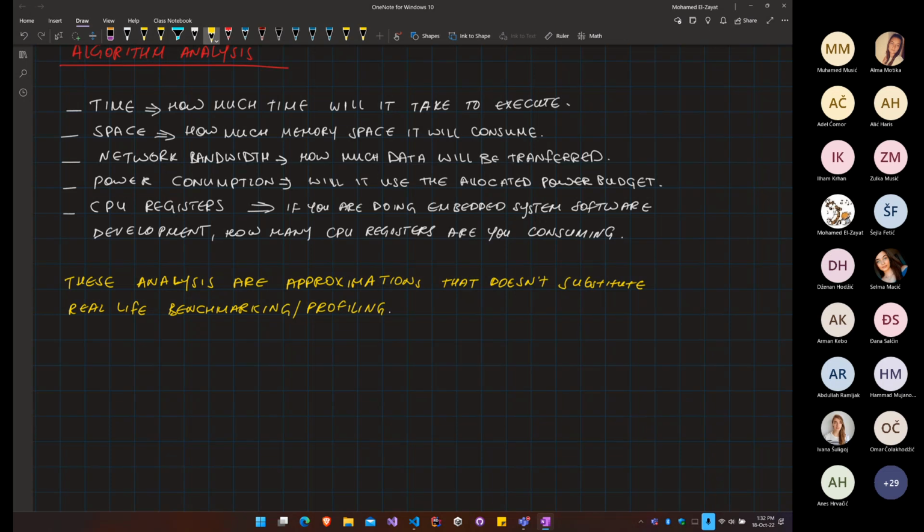Like, for me, I can actually have an educated guess on how bad of a thing can go, and I can take actions. But it does not substitute that. If we start arguing about certain things, like for example, say, hey, this will actually take a very long time to finish, we can argue about that, but we need to benchmark it first.